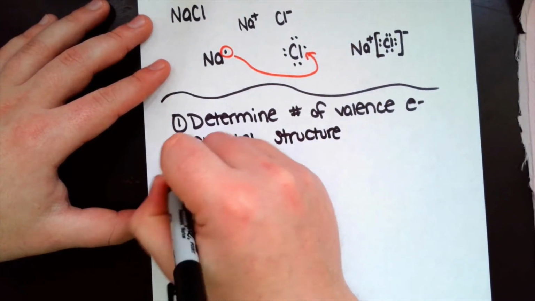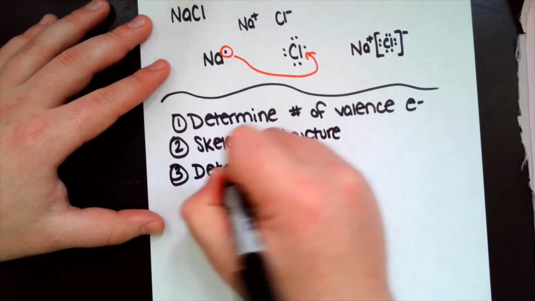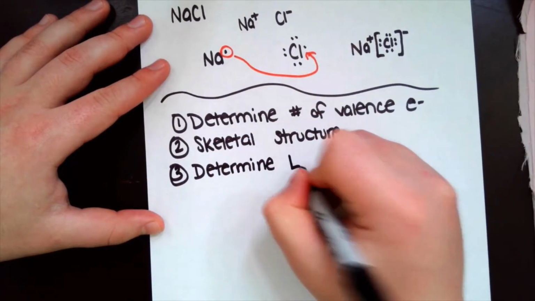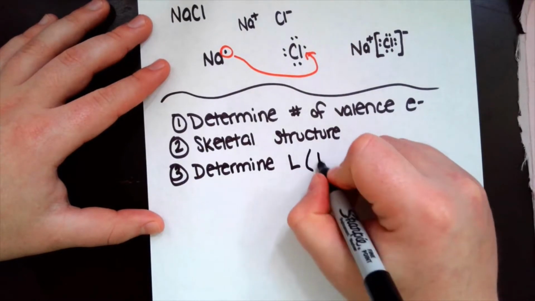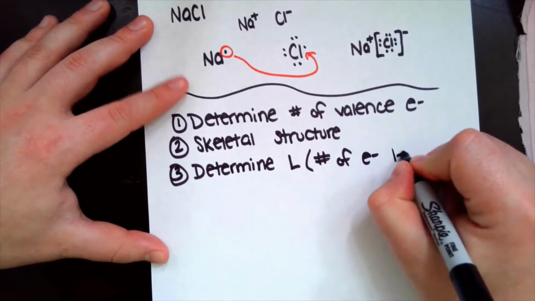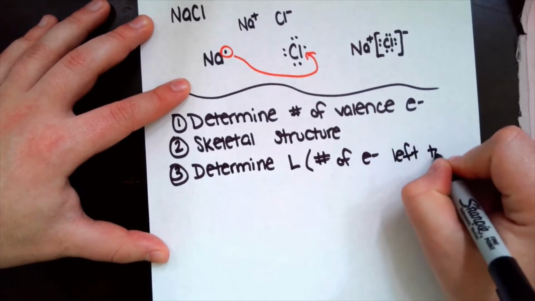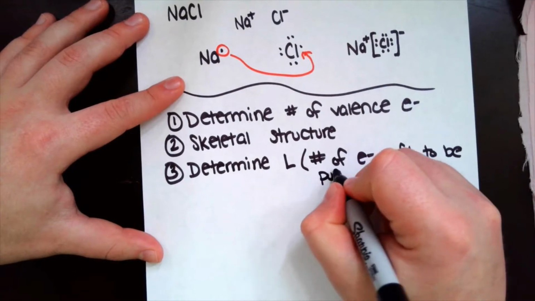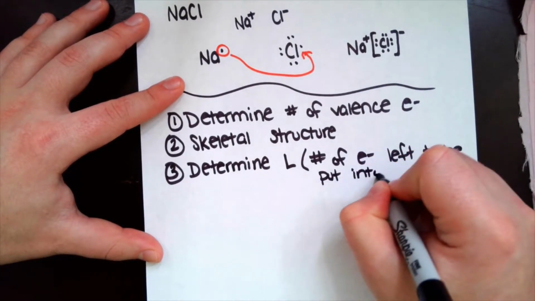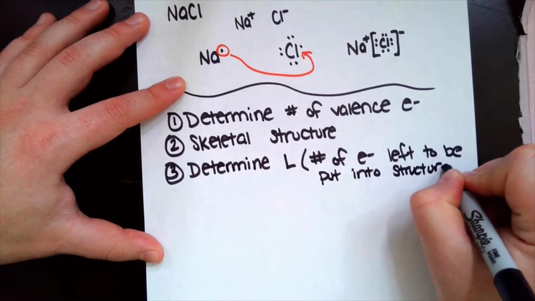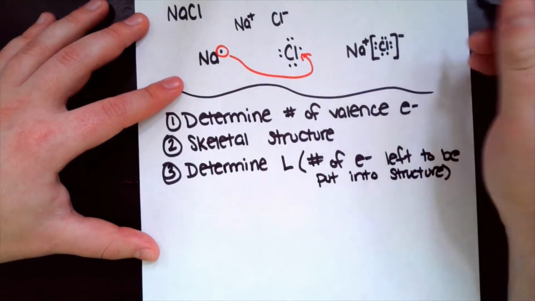The third step, determine what I refer to as the variable L. So determine L, and that is the number of electrons left to be put into the structure. And again, as we start to do several examples, this will make a little bit more sense to you.